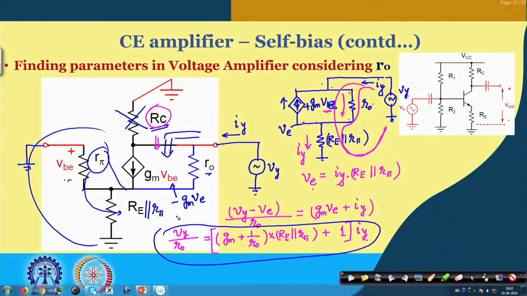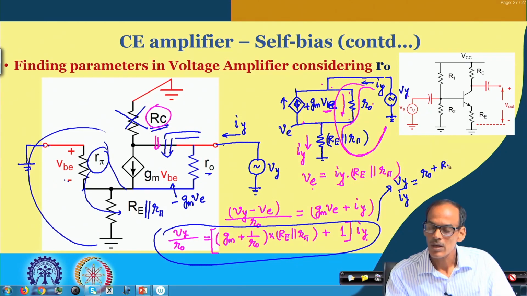and from this one it can be shown that Vy divided by IY equals R naught plus RE in parallel with R pi plus R naught into RE in parallel with R pi multiplied by GM.